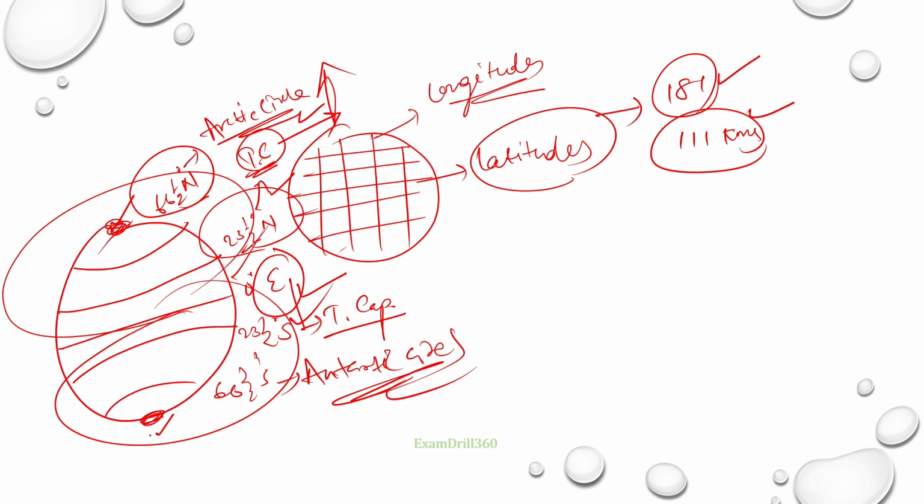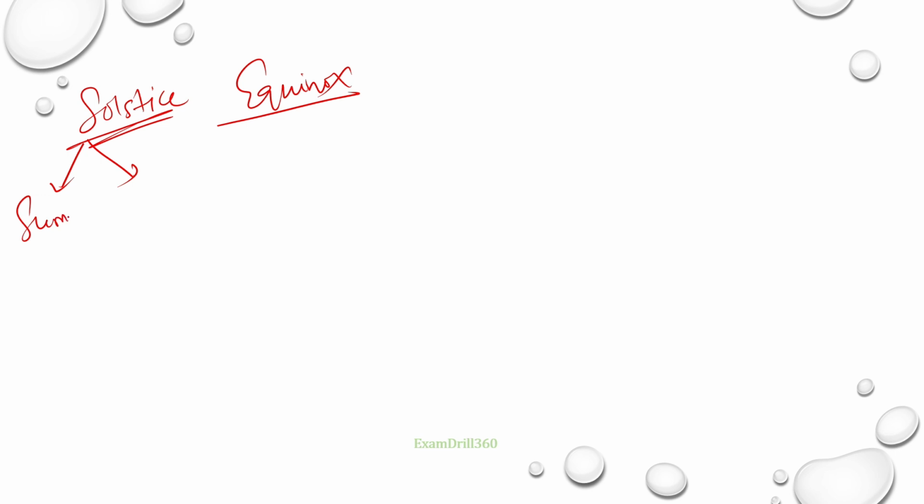Got it? So other points are there: solstice and equinox. We know there are two types of solstice: summer and winter. Summer solstice is which day? This one is June 21. And winter solstice which day?